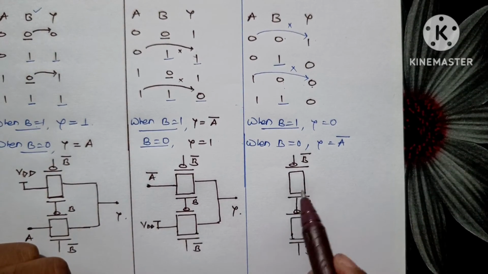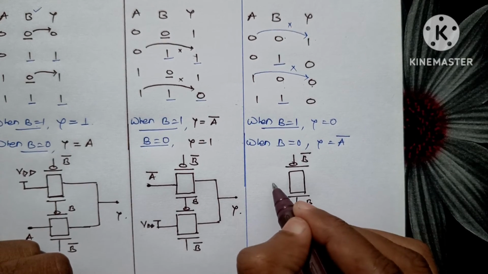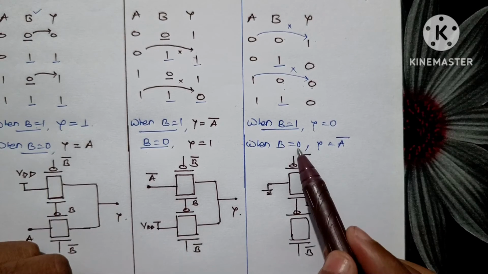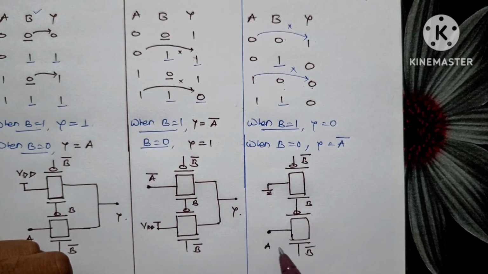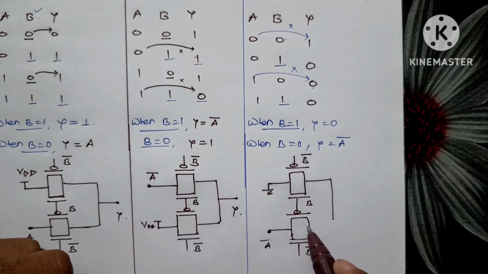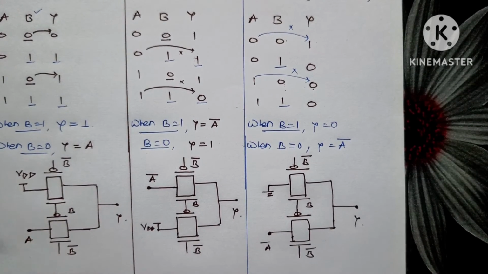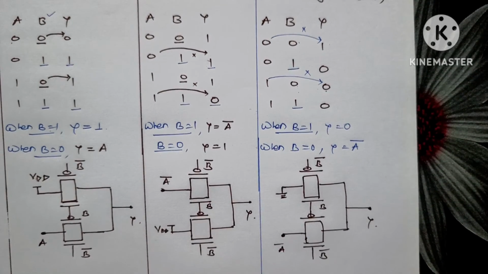So when B is 1, we know that this is turned on, so it is connected with 0. Ideally we can connect this to ground. And when B is 0, Y is equal to A bar, so this is connected with A bar, and this is output Y. So this is how we implemented the NOR gate using the transmission gate.